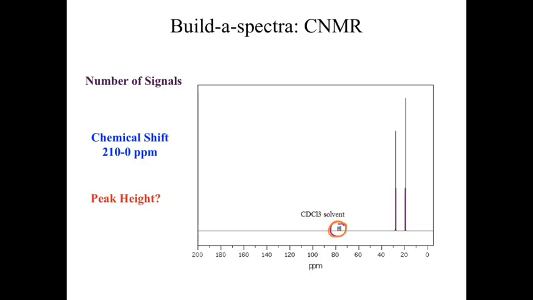That is due to the solvent. To run an NMR spectrum, we need to use a solvent to kind of keep everything moving. That solvent should be very minimal as far as the spectrum goes. You might see it on there, you might not, depending on the individual sample you're looking at. Okay. Back to the peak height. Peak height is ultimately related to integration, and integration is really only something we can do in hydrogen NMR.